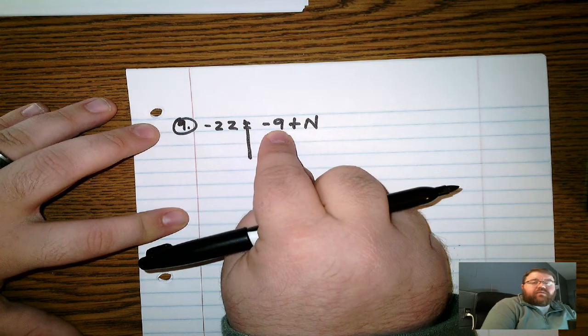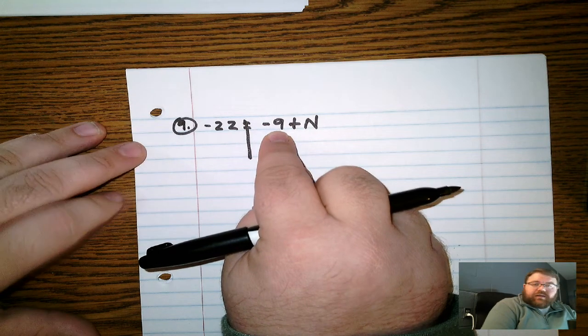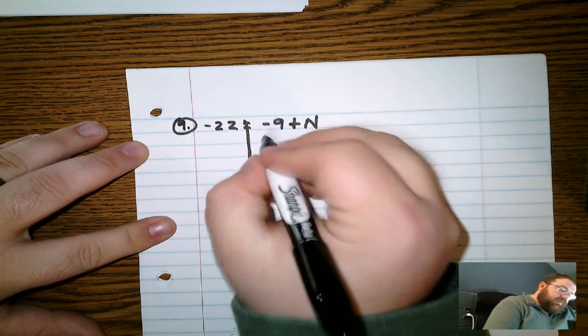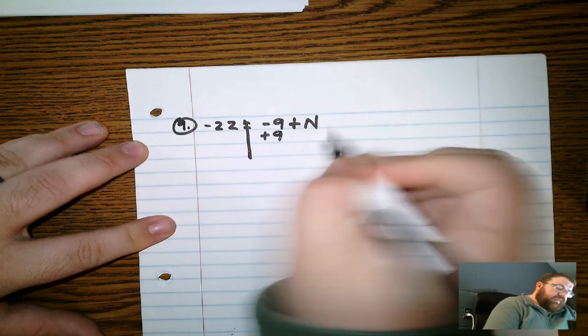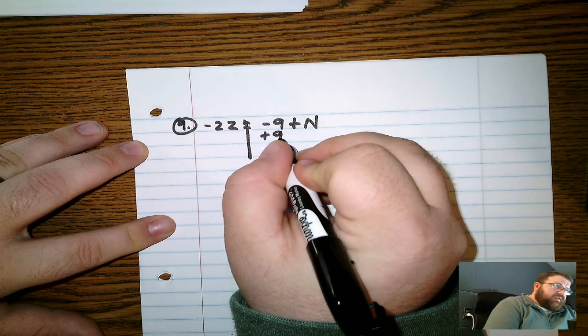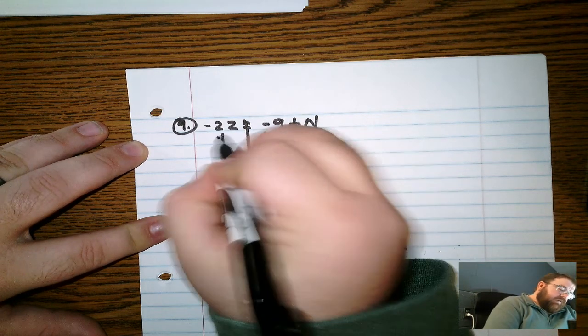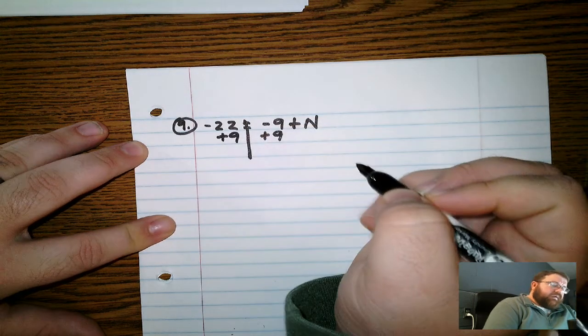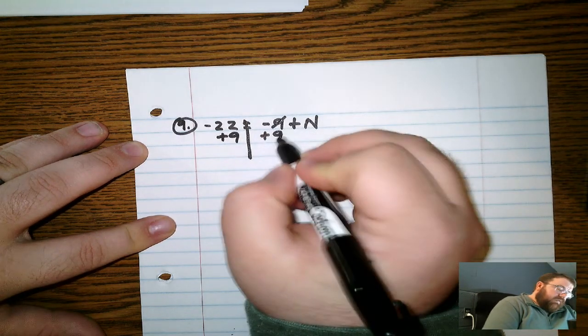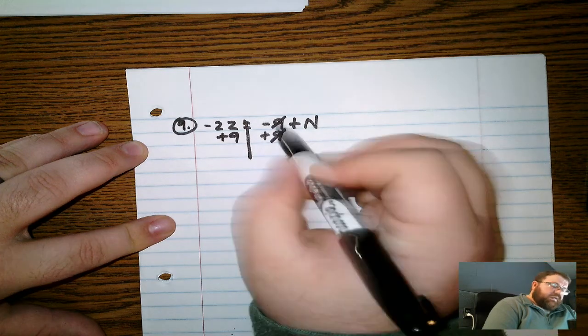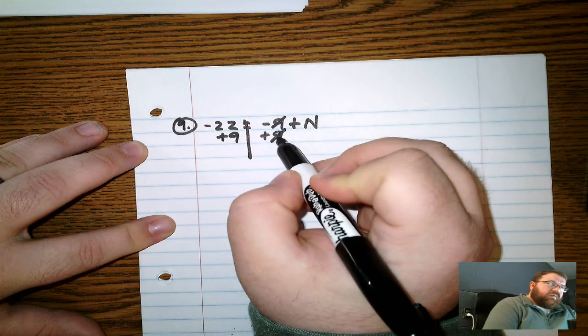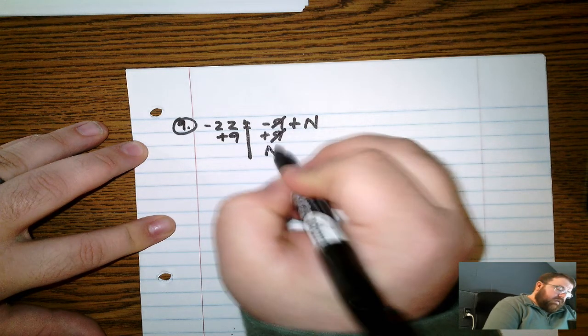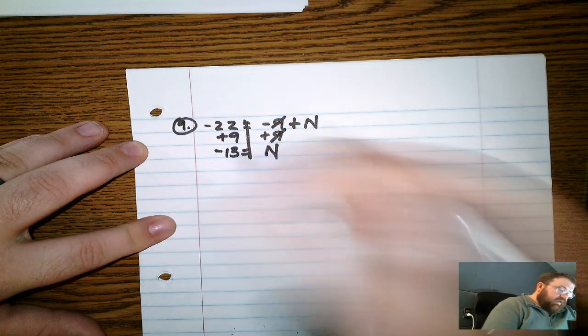So you have to ask yourself, what is the opposite of a negative 9? So it is a positive 9. And since I added 9 to this side, I have to come over here and add 9 to this side. I cancel both of these because negative 9 plus 9 is 0. Leaves me with n is equal to negative 13.